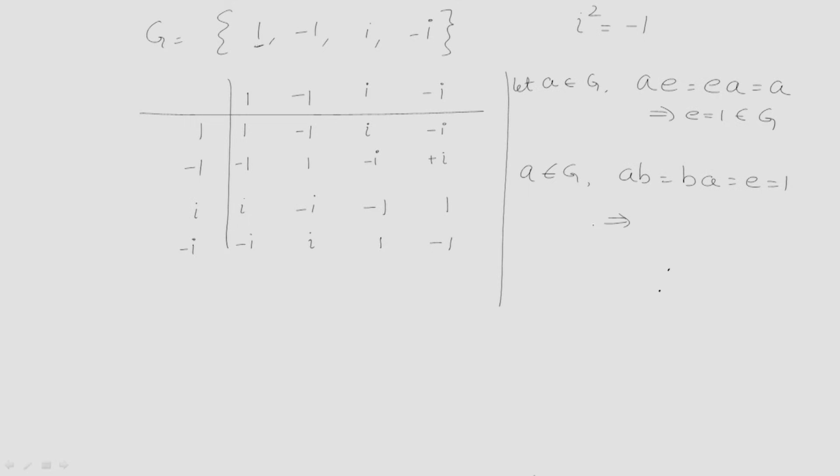Then this implies B is equal to 1 by A. If you take the inverse of 1, the inverse of 1 is 1 by 1, which is 1, which is in G. The inverse of minus 1 is 1 upon minus 1, which is minus 1, also in G. The inverse of iota is 1 upon iota, which is minus iota, also in G. And the inverse of minus iota is 1 upon minus iota, which is iota, also in G. So, the inverse of all the elements exists, an identity element exists, and the associativity property holds.